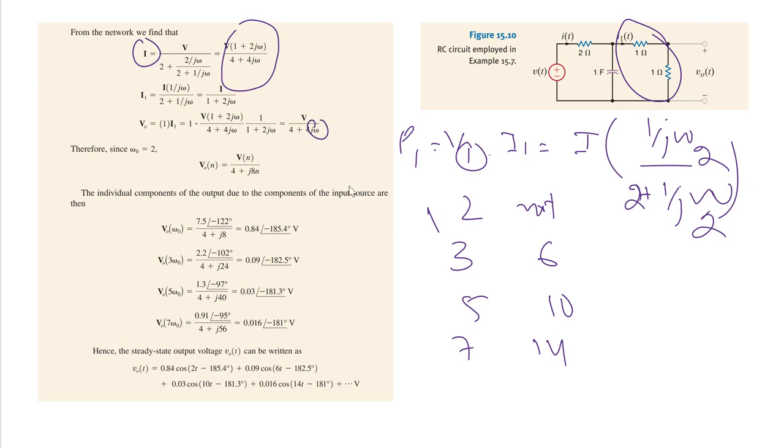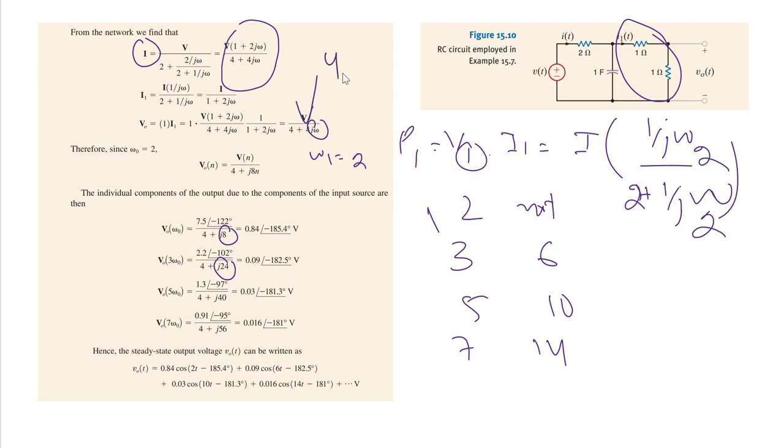So we divide by 4 plus 4 j omega. So 4 multiplied by 1 is 4, multiplied by omega 1 is 8, because omega 1 is 2. So first one is 8, then 4 multiplied by 6, this 4 is used everywhere.